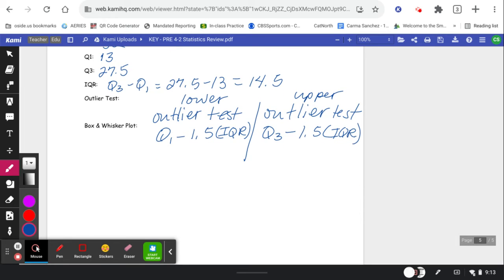And so Q1 is 13 minus 1.5 times the IQR. And Q3 is 27.5. Oops. Sorry, guys, that was supposed to be a plus. Plus 1.5 times the IQR. And so 1.5 times 14.5, that's 21.75.